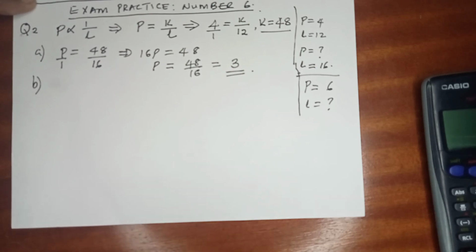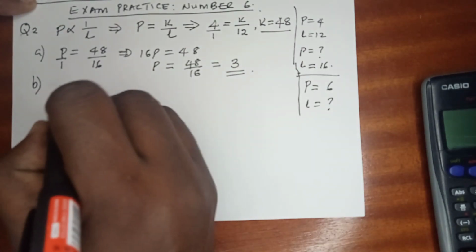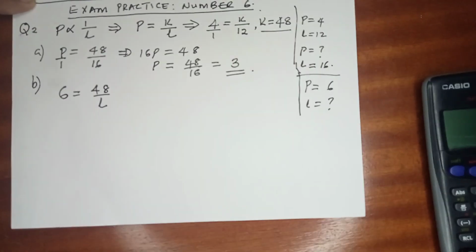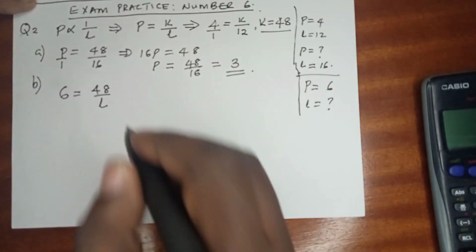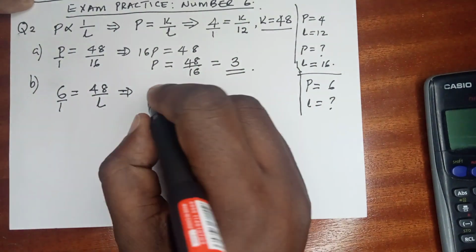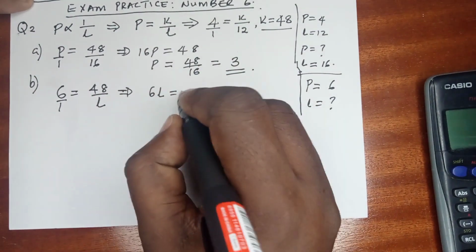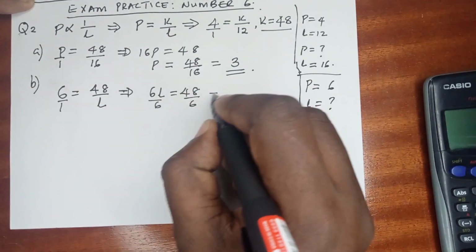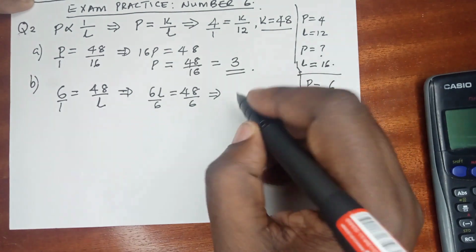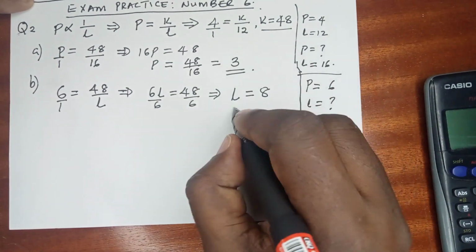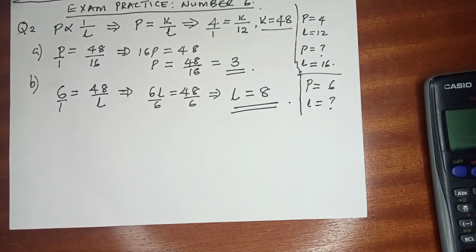So 6 is equal to 48 over the loudness of the music. This is 6 over 1, and therefore 6L is equal to 48. Dividing both sides by 6, we find that the volume is supposed to be 8. And that is the solution to that question.